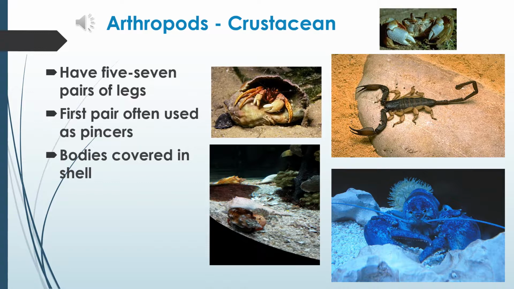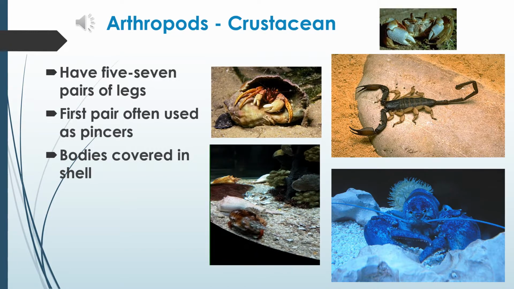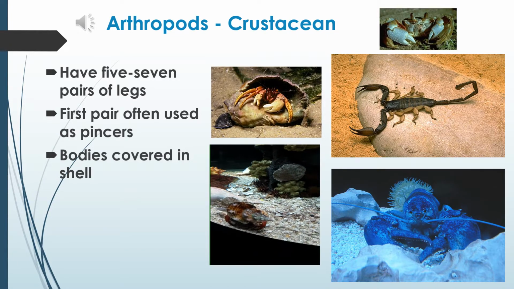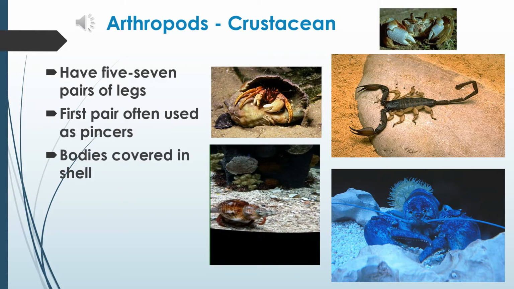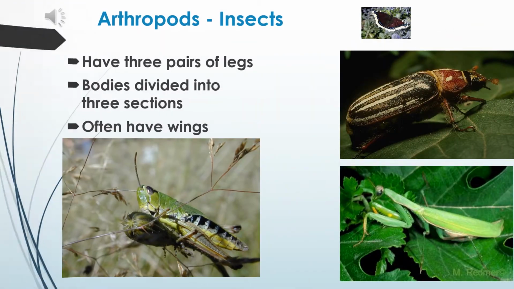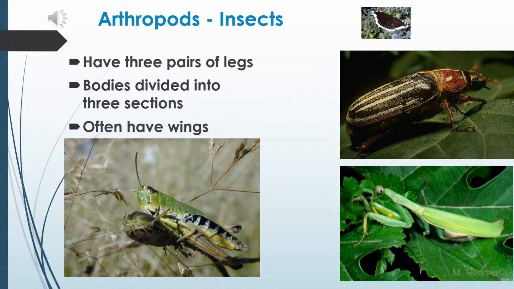Take a look at this hermit crab at the Florida Aquarium. Insects have 3 pairs of legs, bodies divided into 3 sections: the head, the thorax, and the abdomen. Often have wings.